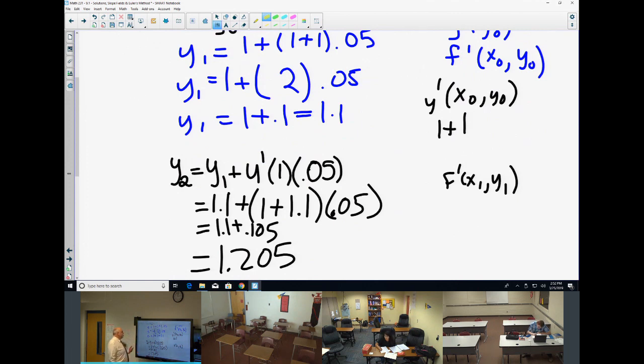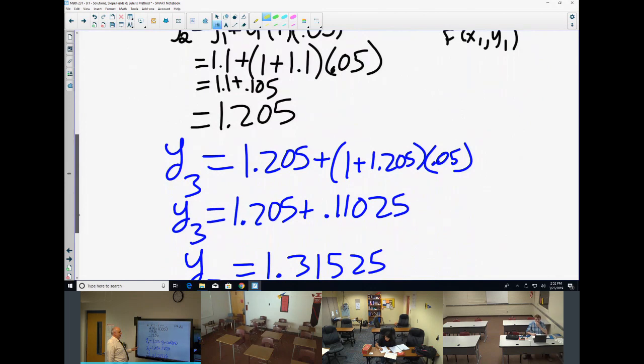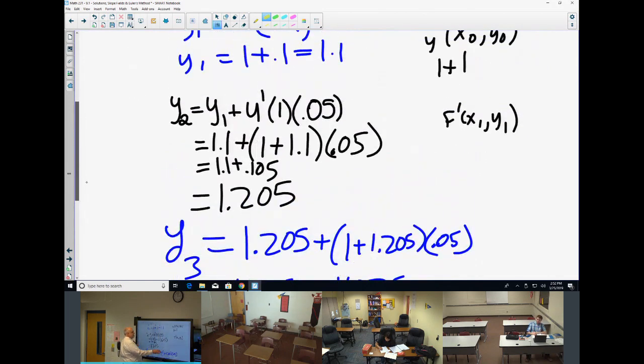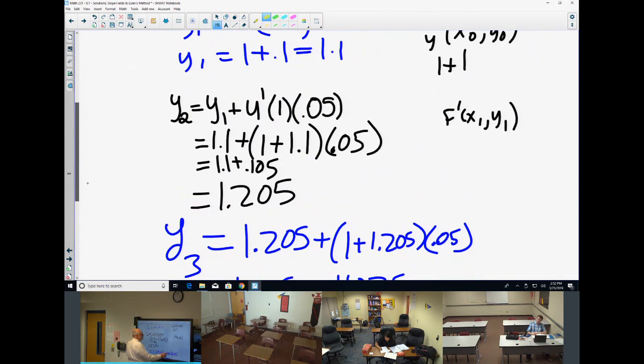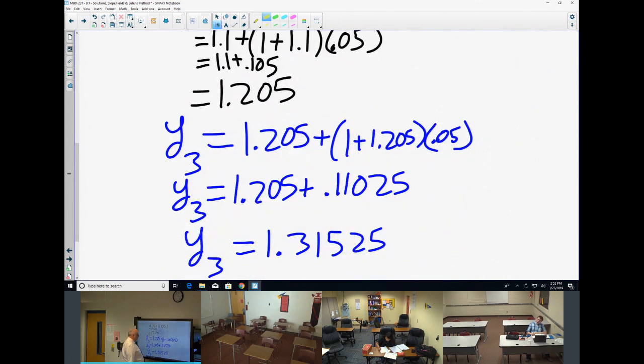Then you plug that in to get your last one. The y sub 3 is the last one we're going to do. So it's 1.205 plus, now you plug that in, 1 plus 1.205 times the dx, 0.05. You put that in your calculator and you get your y3.